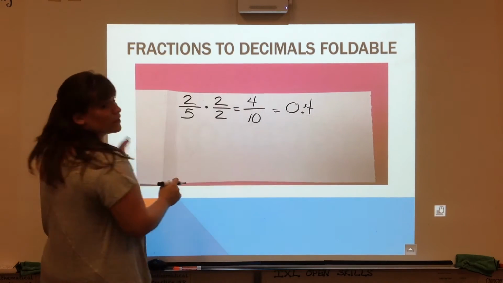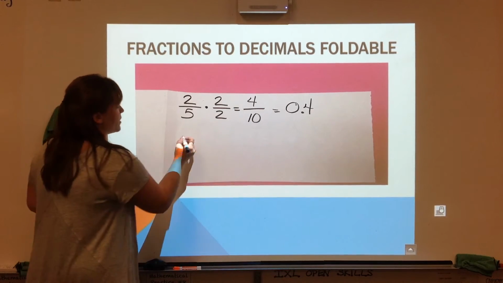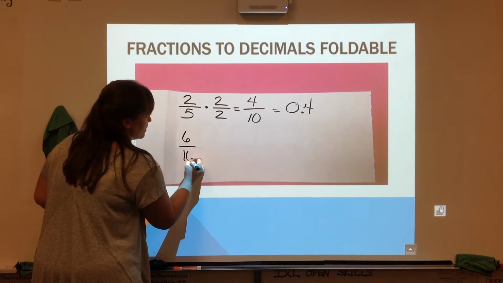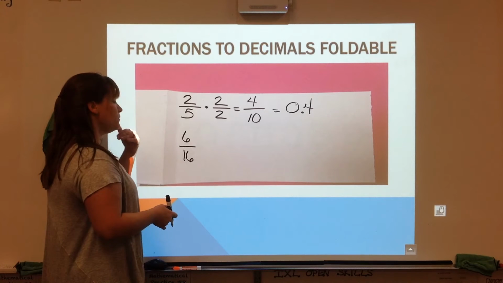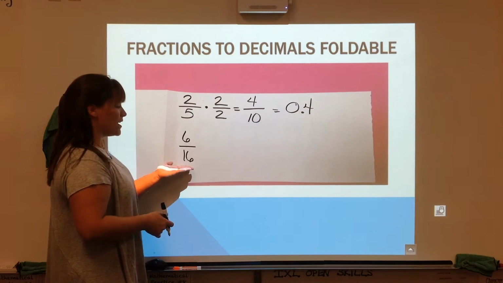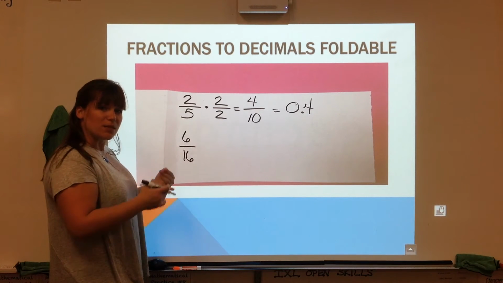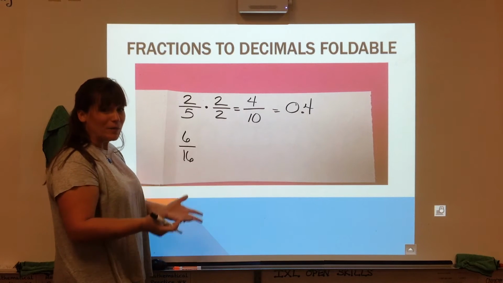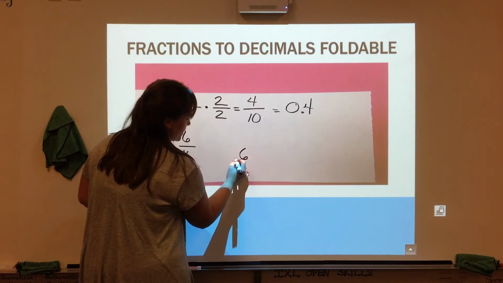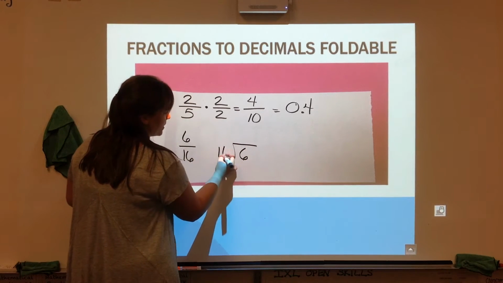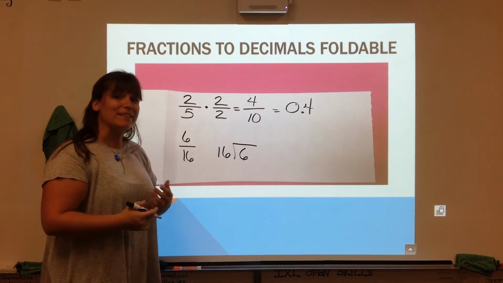Right. The second example is going to be the fraction 6/16. This is the only other example we're doing on this side. There is not a way that I can get this 16 to be a 10 or 100 or 1,000 by multiplying. So what I'm going to have to do is put the 6 on the inside and the 16 on the outside and divide.